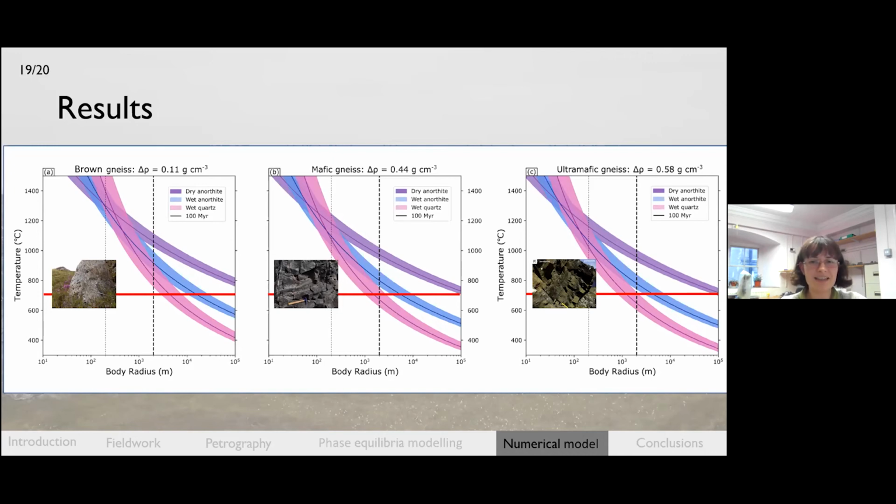As such, we can see that sagduction is not particularly feasible in the Lewisian unless the lower crust is water saturated and entirely dominated by quartz. Both of these things are not thought to be the case in the Lewisian, which we saw from our earlier phase equilibria modeling, because we know the Lewisian is mainly dominated by feldspar, and is also thought to be mainly dry.